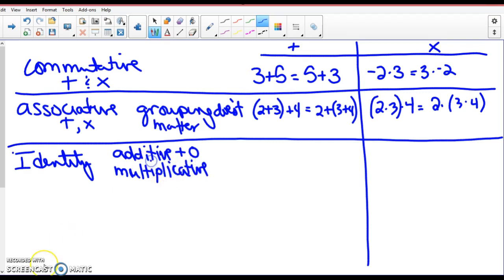What's the multiplicative identity? Yep, multiplying by 1. Adding 0 or multiplying by 1 does not change the identity of the number. An example for addition would be 4 plus 0 equals 4. And the multiplicative identity, negative 3 times 1 gives you negative 3.